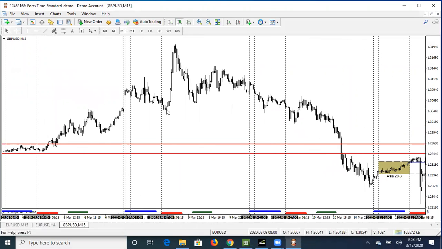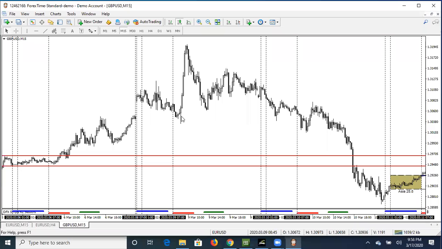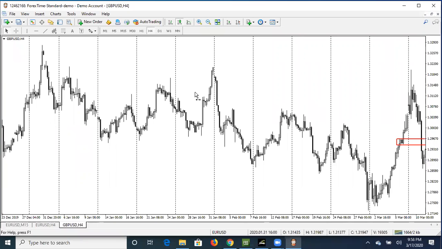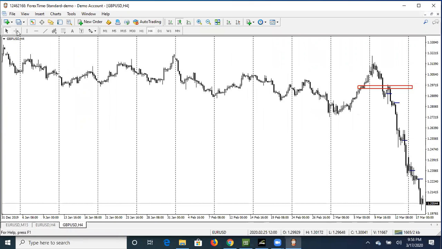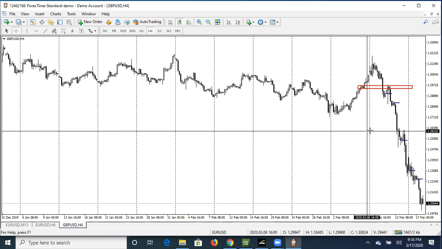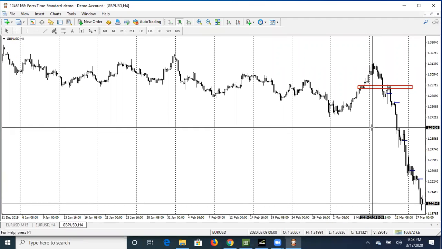There was a massive push to the upside on the 9th, and that occurred during the London session. Let's see what happened. What was the order flow on the 9th? Okay, the 9th was still bullish, right?